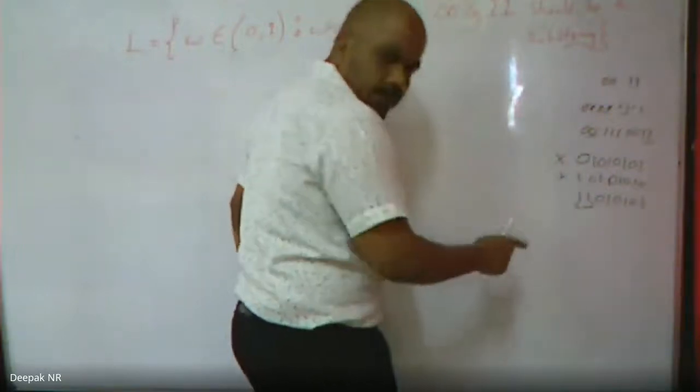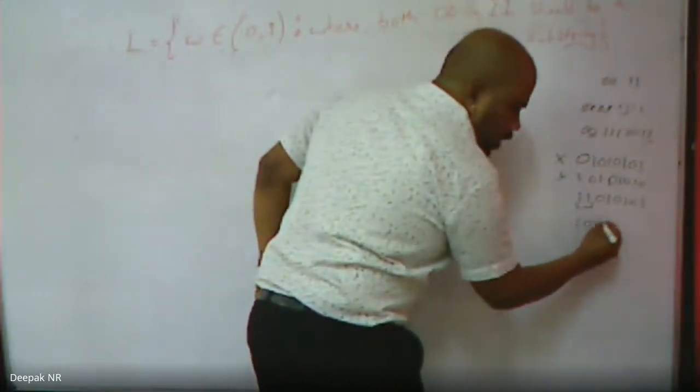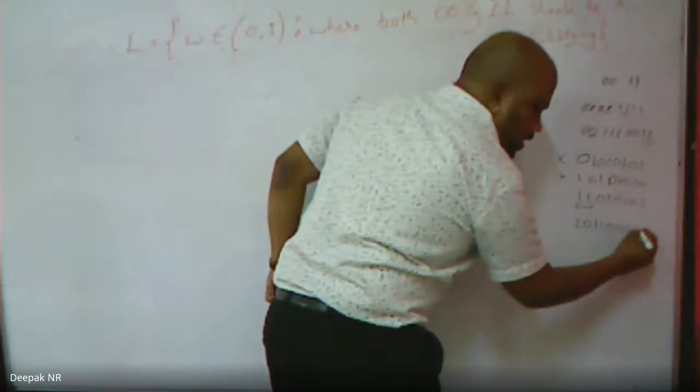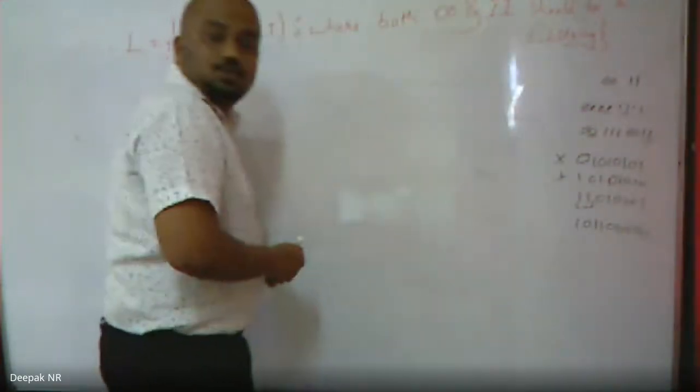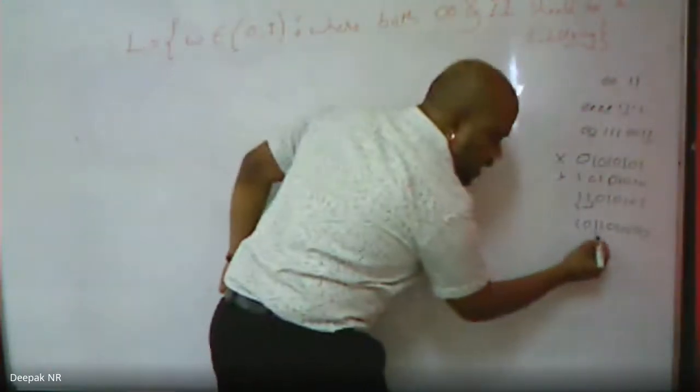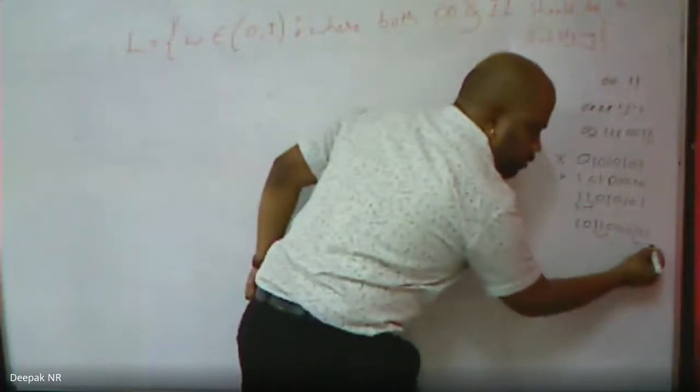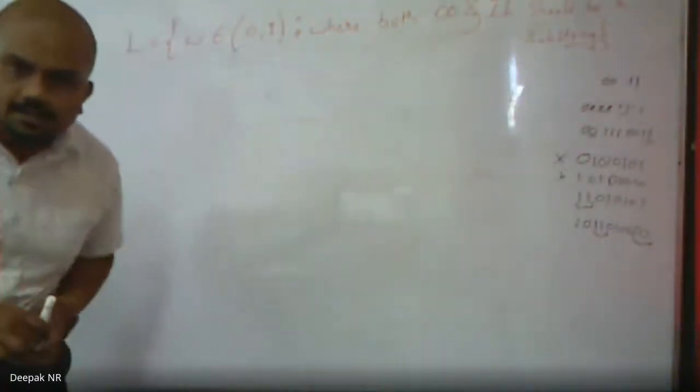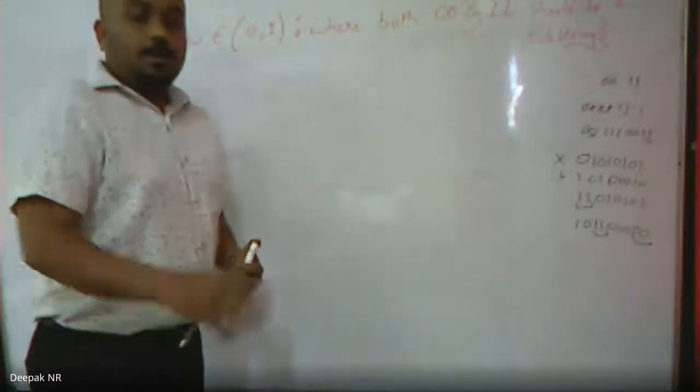It has to be in a format like 1 0 1 1 0 1 0 1 0 0. This is a true string, because here I have two 1s together and here two 0s together. Is that clear? Yes. Now let me go on.